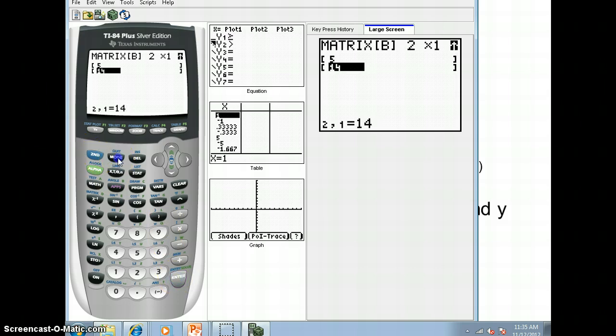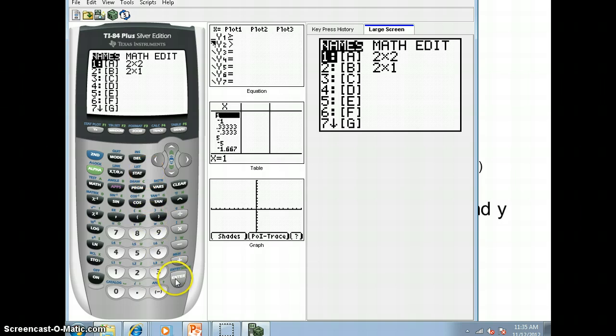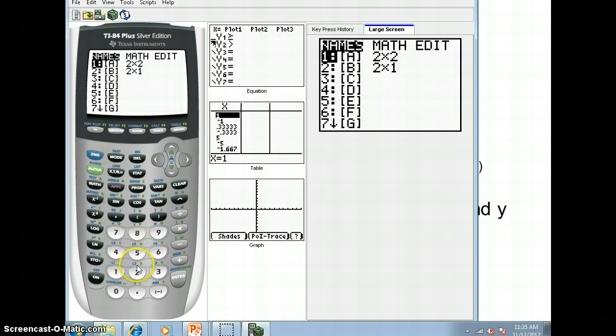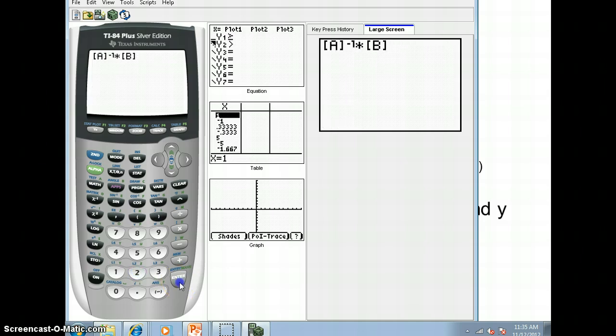Enter. Okay, so now I'm going to tell my calculator to do the calculation of A inverse times B. So I go into my matrices, I choose matrix A, and I want it to calculate the inverse times matrix B. And I hit enter, and I get this matrix right here, 3, 1.